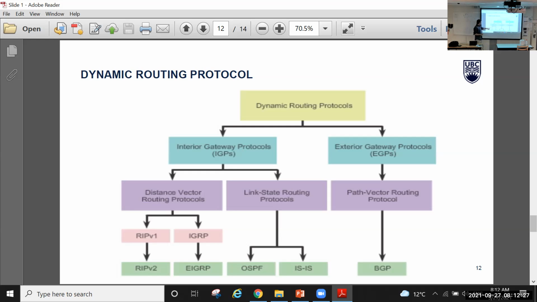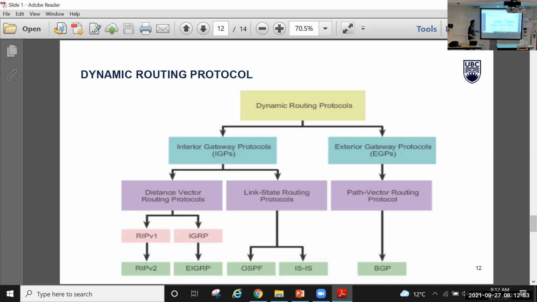We have RIP, Routing Information Protocol, and IGRP, which was improved to become EIGRP. EIGRP is an advanced version over RIP, over the Routing Information Protocol. So in EIGRP, the metric is the delay plus the number of hops.